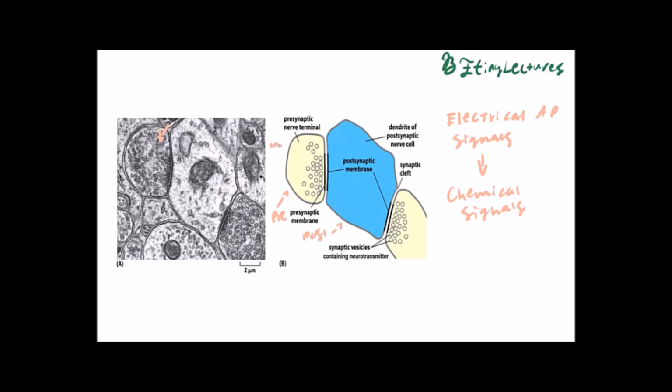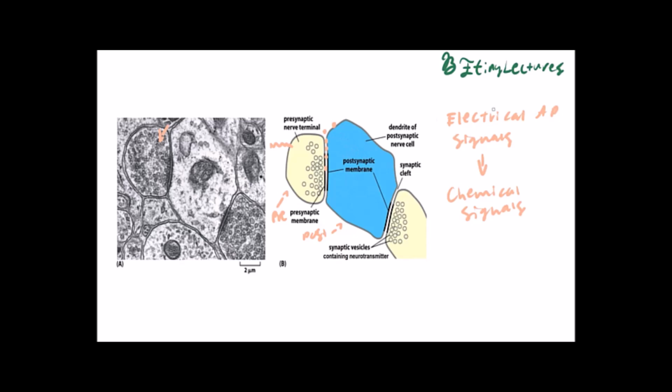So the action potential is going to zip along, it will release the neurotransmitters like serotonin, dopamine, whatever, and these little neurotransmitters are going to accumulate between these synapses. And whenever they accumulate between the synapses, they can communicate with the postsynaptic membrane, and they can generate whatever they need to generate. So for instance, if this were acetylcholine, the acetylcholine would go into the muscle cell, which is the postsynaptic membrane, and it would generate muscle contraction.